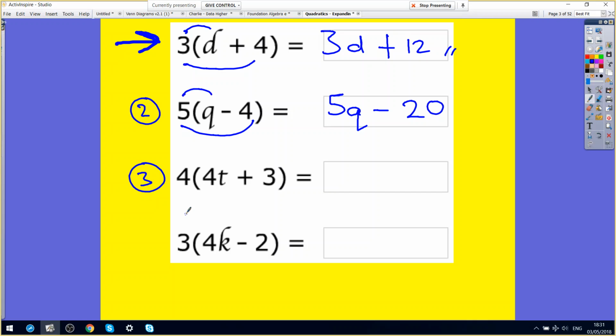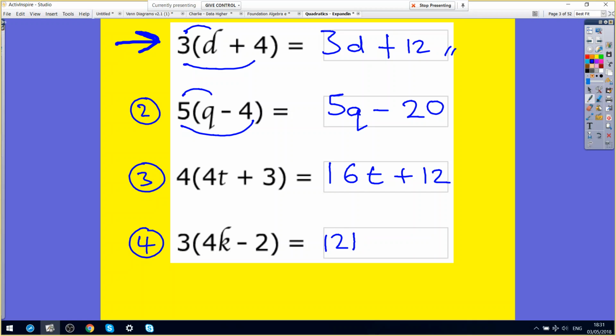Okay. 16t plus 12. Well done. And the last one. 12k.